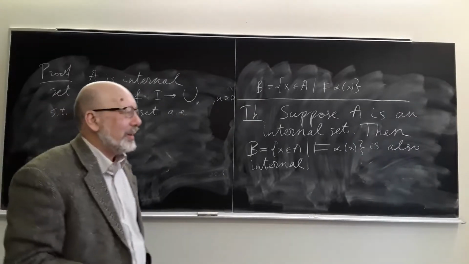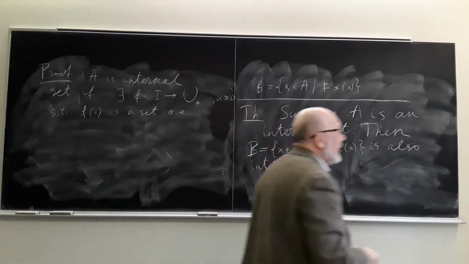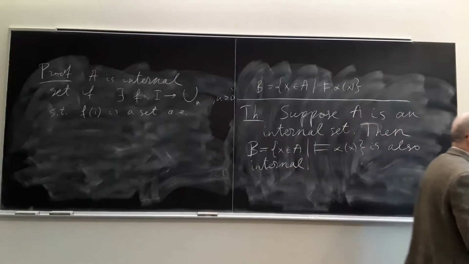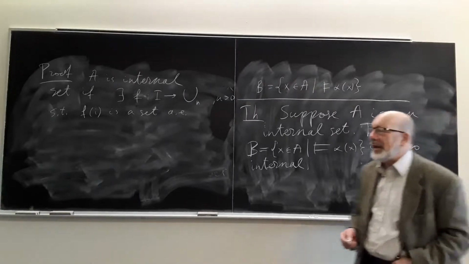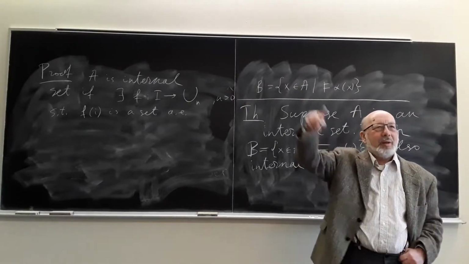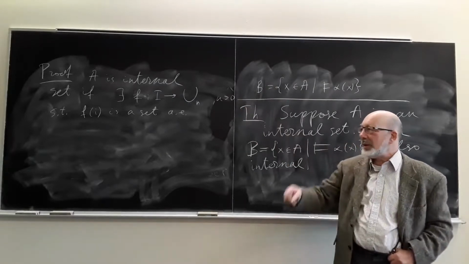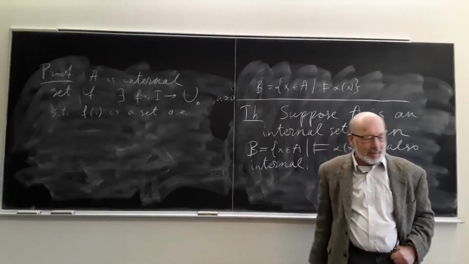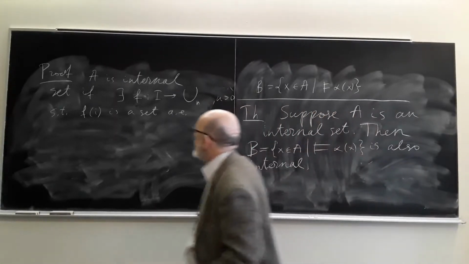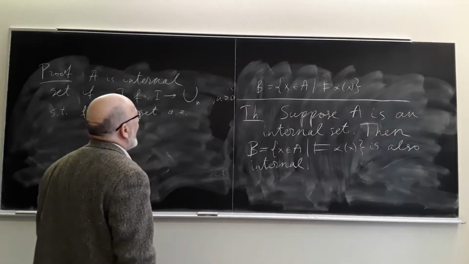So our set is in fact this function with values in sets, and its elements are the samples. For any I, we take a sample of this set, so one element. Now, there is a set I.